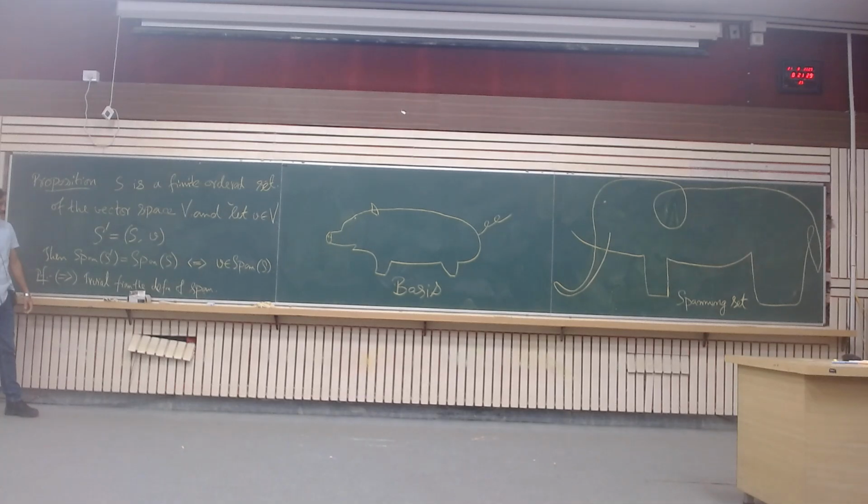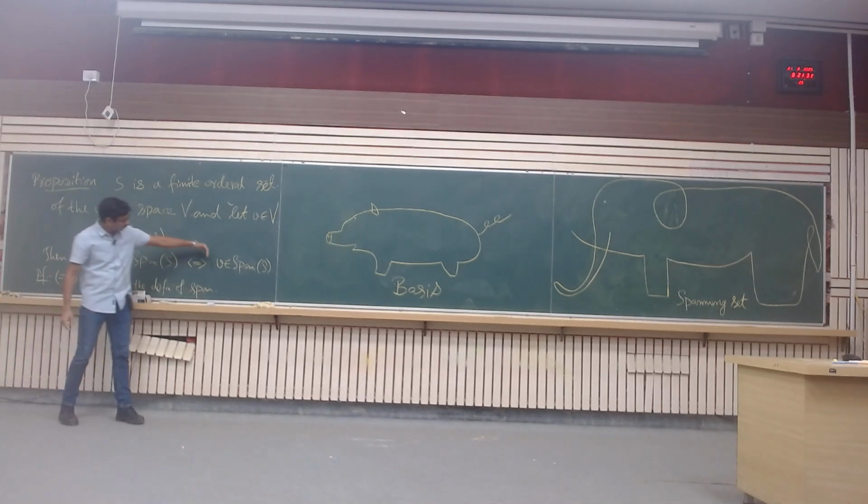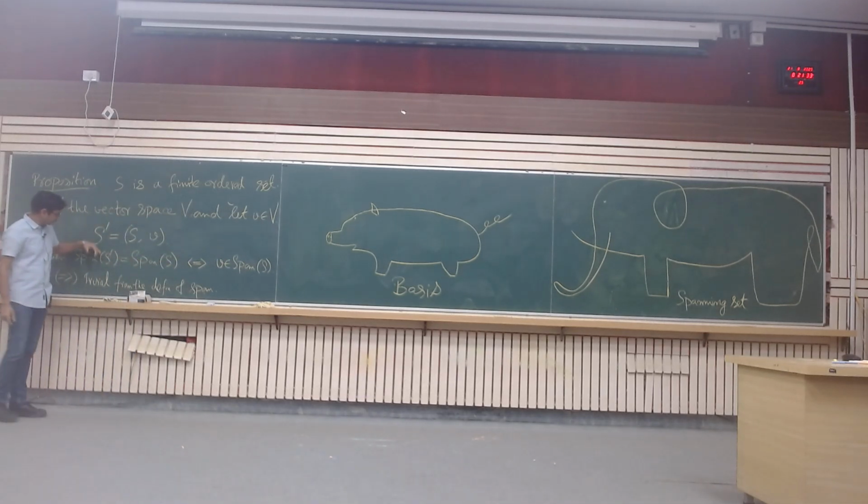We showed that V in span S implies that these two spans are equal. Now suppose the spans are unequal. So suppose span S dash is not equal to span of S. What can you say about V then? Of course.